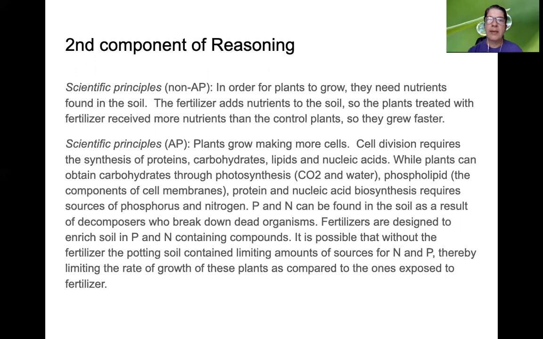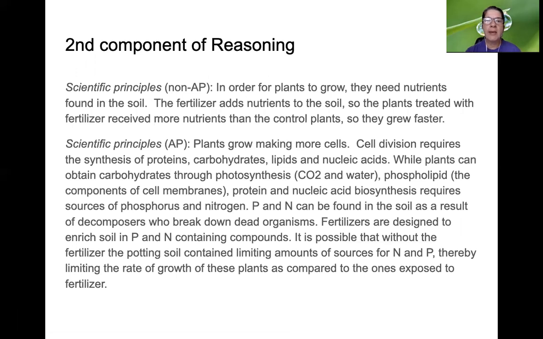Or rather, the second component of reasoning. How do we incorporate scientific principles? If you're not an AP student, maybe you can say this. In order for plants to grow, they need nutrients found in the soil. The fertilizer adds nutrients to the soil, so the plants treated with fertilizer received more nutrients than the control plants, so they grew faster.